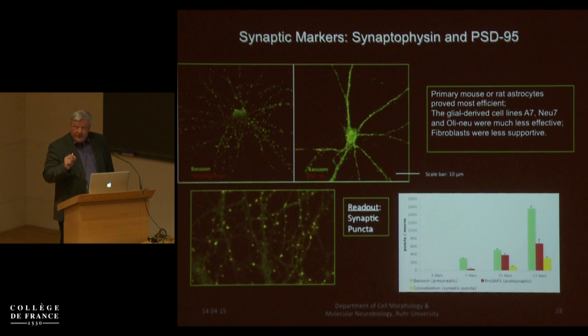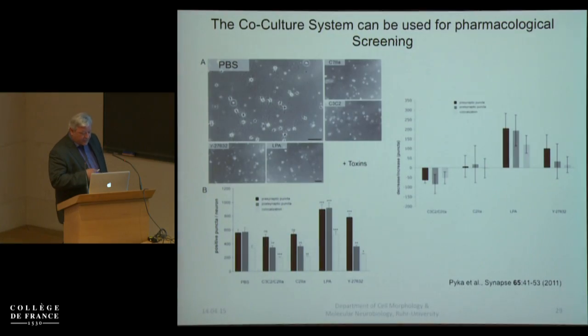This system can be used for pharmacological treatment, and we can count the number of overlapping puncta using a semi-quantitative computerized program and the confocal images. And here you see that we have a very nice increase of presynaptic puncta using lysophosphatidic acid, so we can stimulate distinct pathways and change the number of synapses in this model.